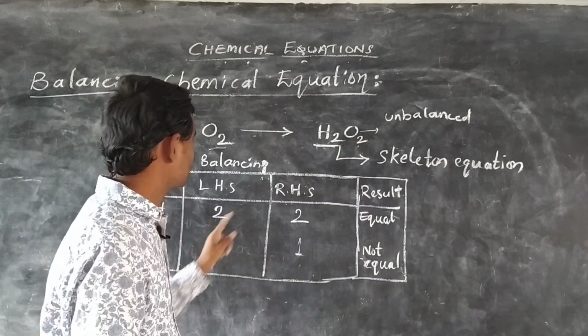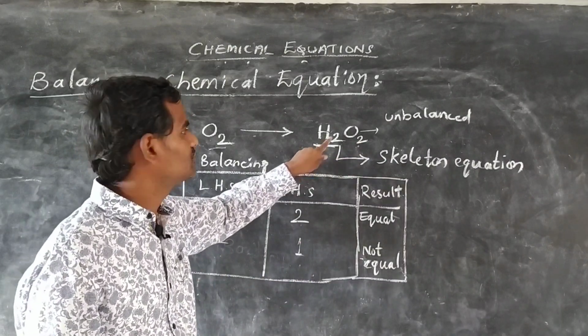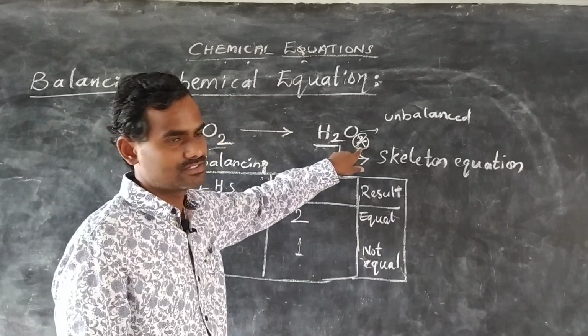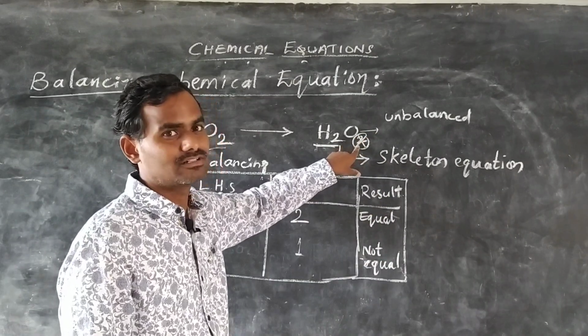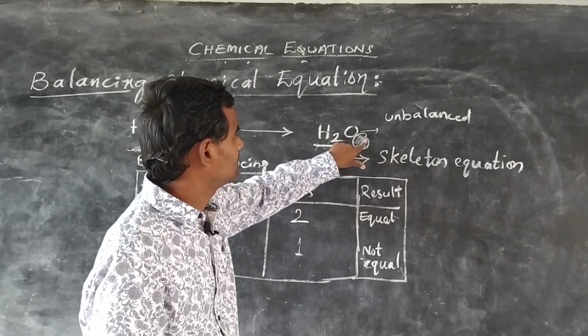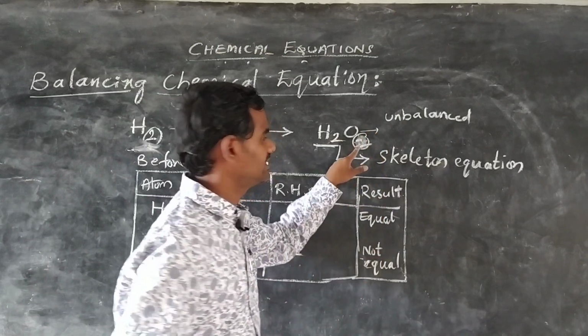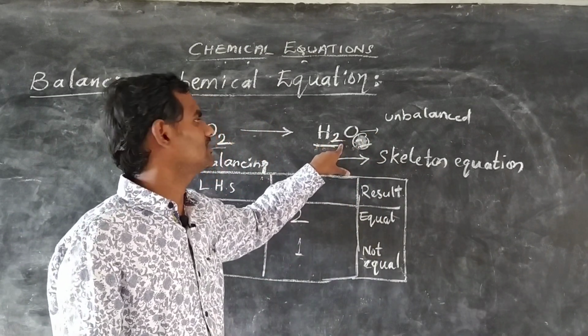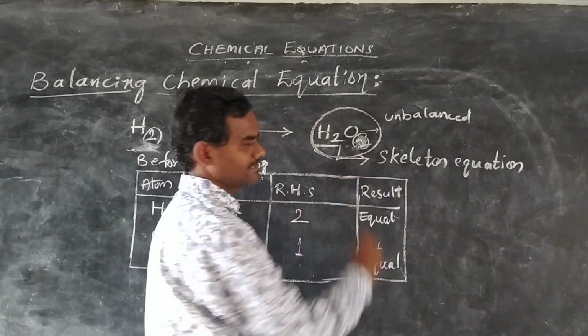Is this correct? No, we should not write a 2 here, at the subscript place. What happens if we write the number here? The composition and the chemical properties of the compound will change.